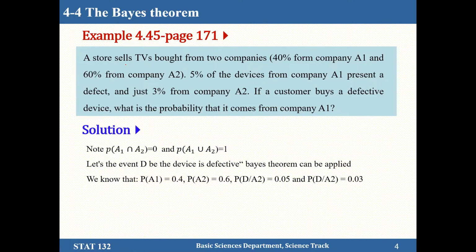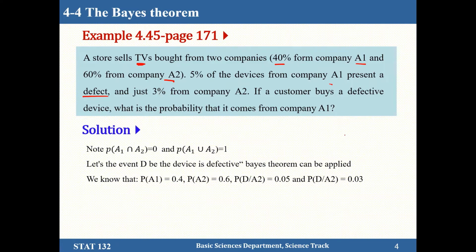A store sells TVs from two companies, 40% from company A, and 60% from company B. 5% of devices from company A are defective, and just 3% from company B are defective.